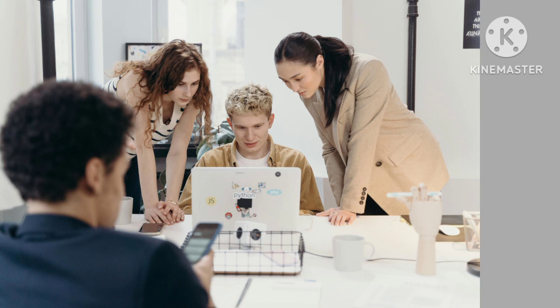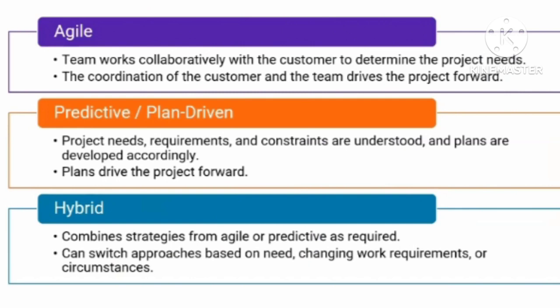Now we are going to see the agile method, or agile approach. Agile is very uncertain. Requirements are continuously evolving. Customers give new changes time by time, so we do not know what shape it will finally take.